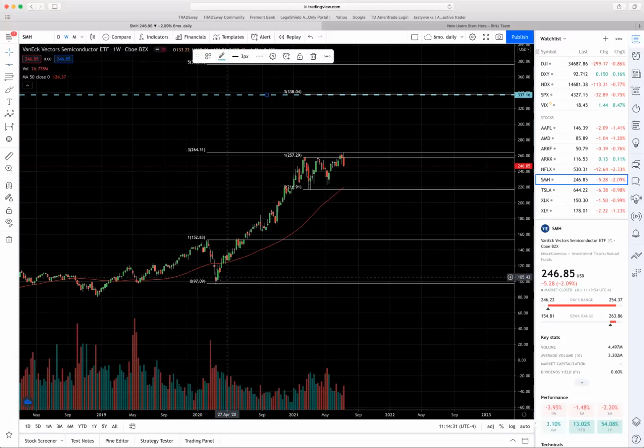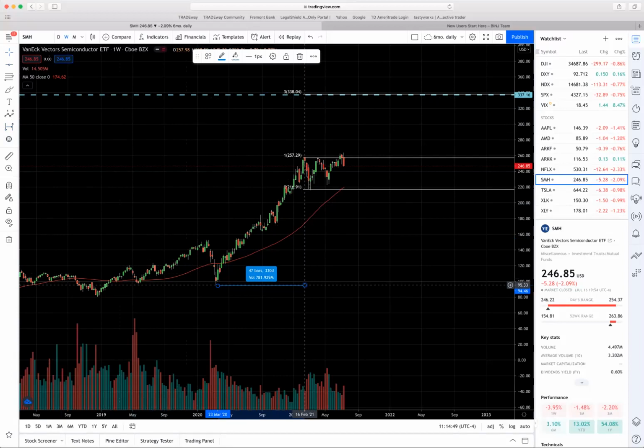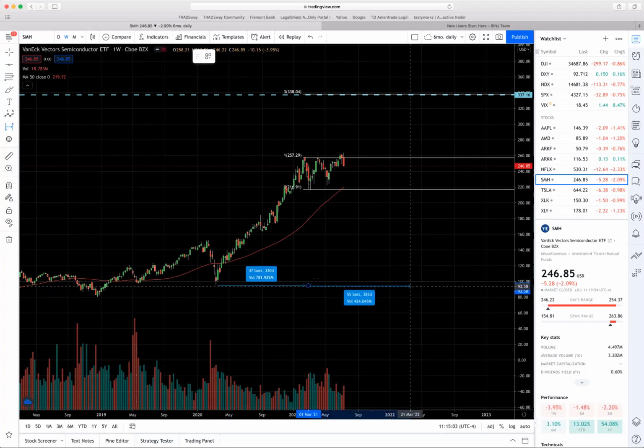So if we go from this last significant run, I'm going to get rid of this grand retracement, and we go from this last significant run to there, we have 47 bars, 330 days. And now let's go from this low point here and do the same amount of time, all the way out, 47 bars.